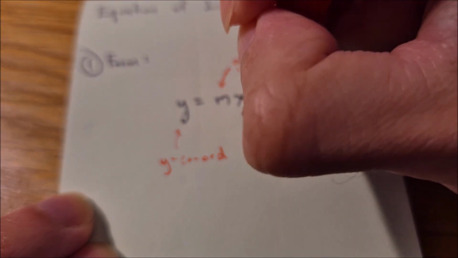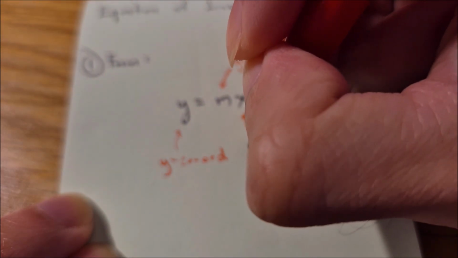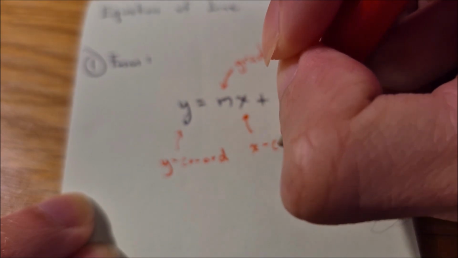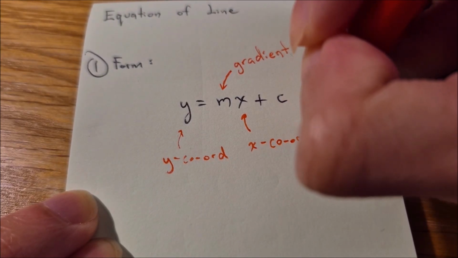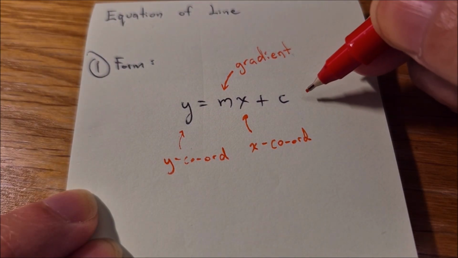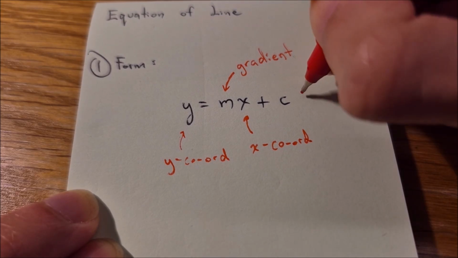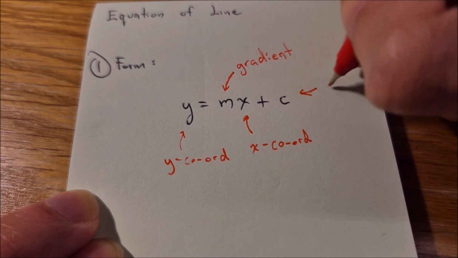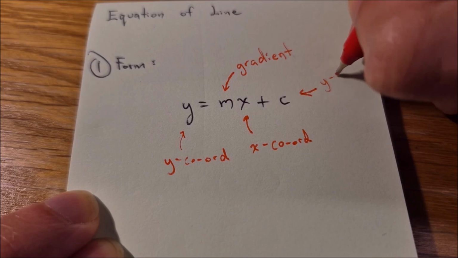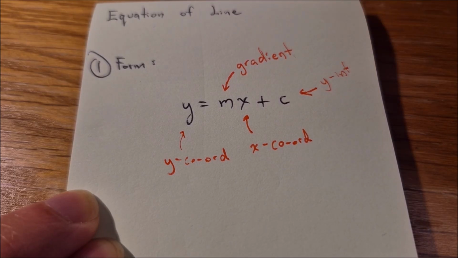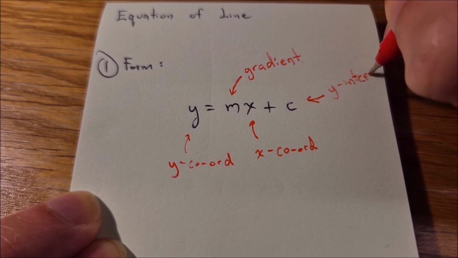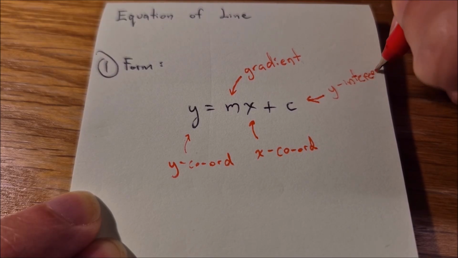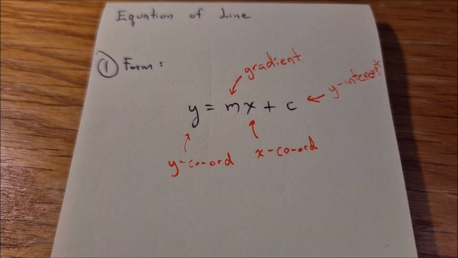And the x is simply the x coordinate, and this c refers to the y-intercept. And this is where it crosses the y-axis.